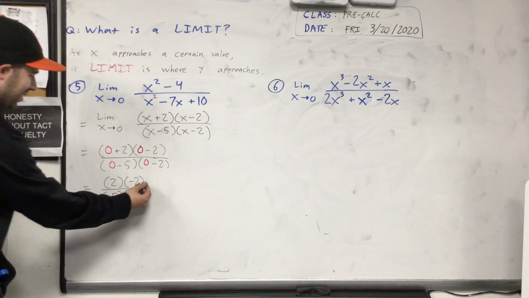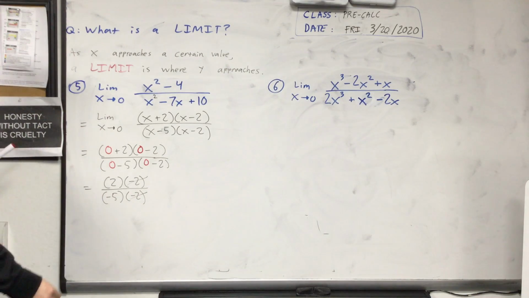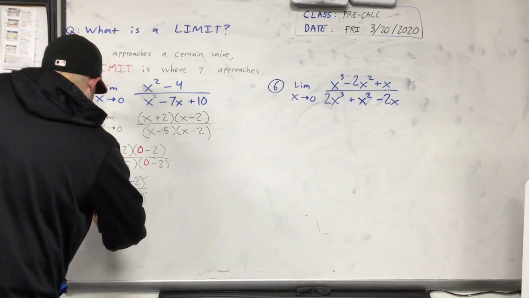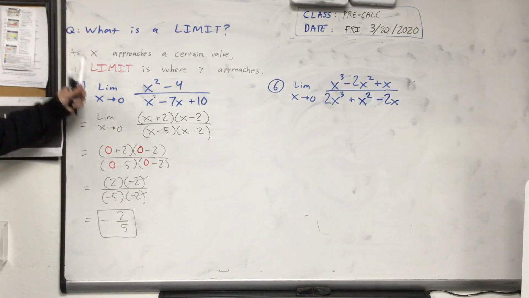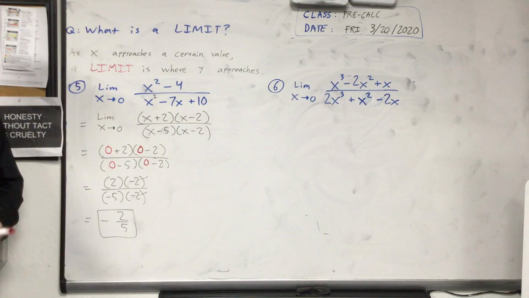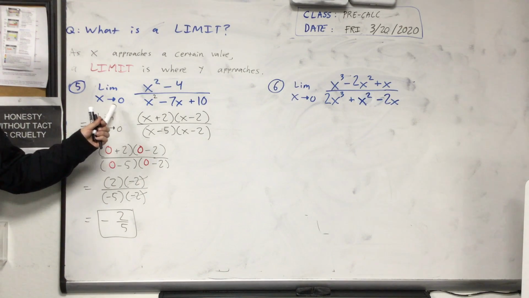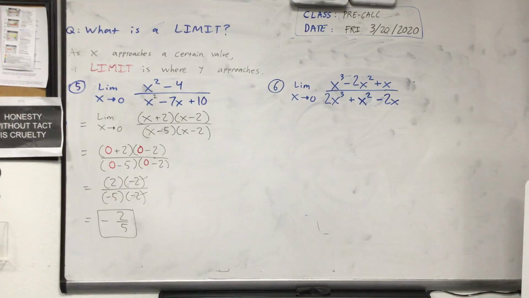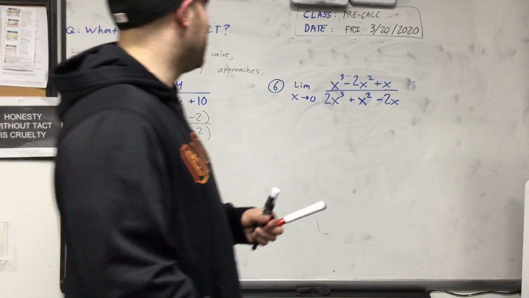Again, you could have just canceled this out all along. And in the end, you would get negative 2/5. But just know that the point itself actually exists here. The limit as x approaches 0. As x gets closer and closer to 0, y gets closer and closer to negative 2/5.